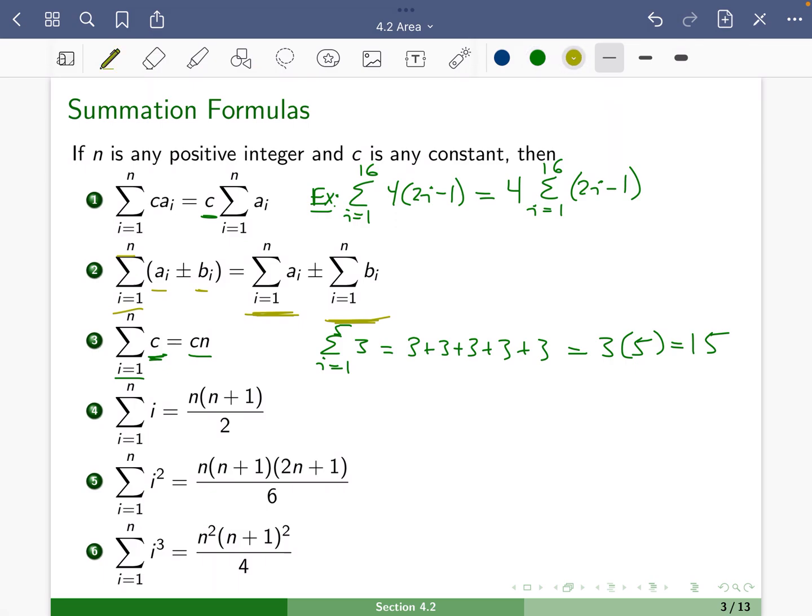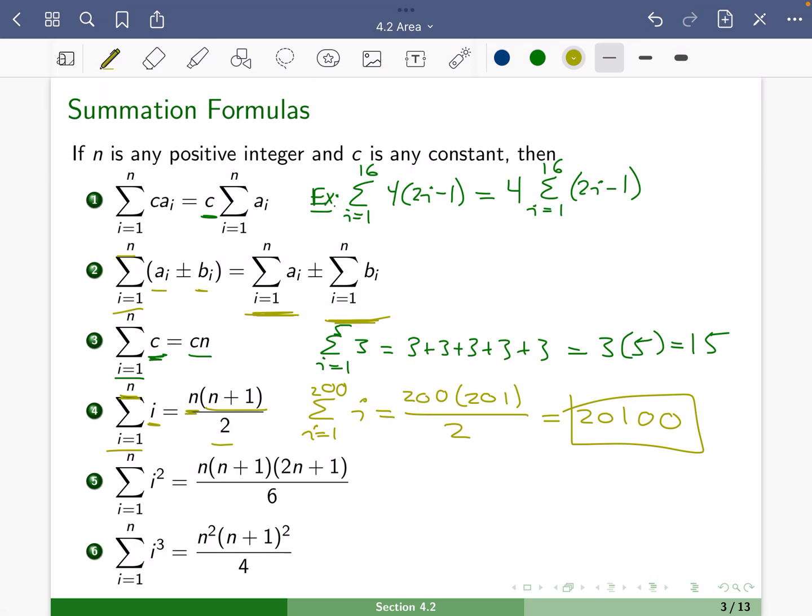Our next summation rule tells us if we were to sum from i equals 1 to n the value i, it is going to add up to n times n plus 1 over 2. Right, so if I were to take the sum i equals 1 to, let's say, 200 of i, this would be equal to 200 times 201 over 2, which is 20,100.